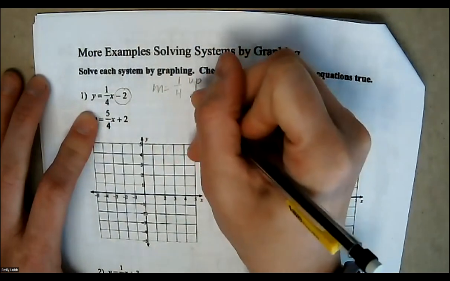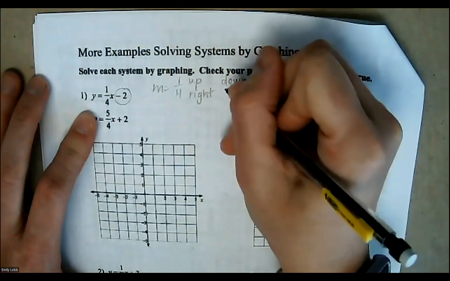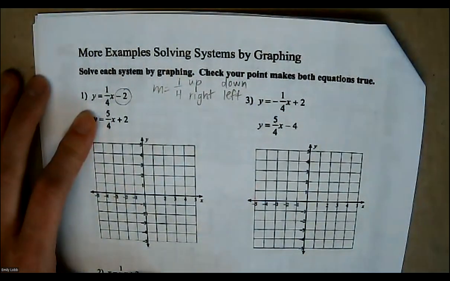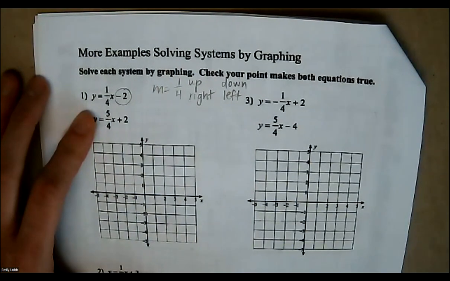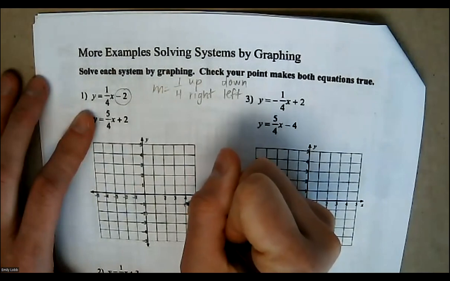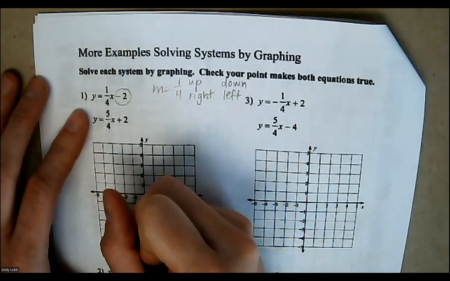So 1 up, 4 to the right, or 1 down, 4 to the left. So up 1/4. Or down 1, left 4.